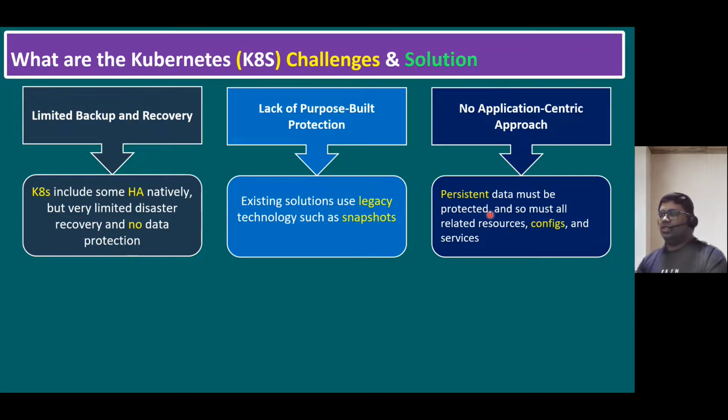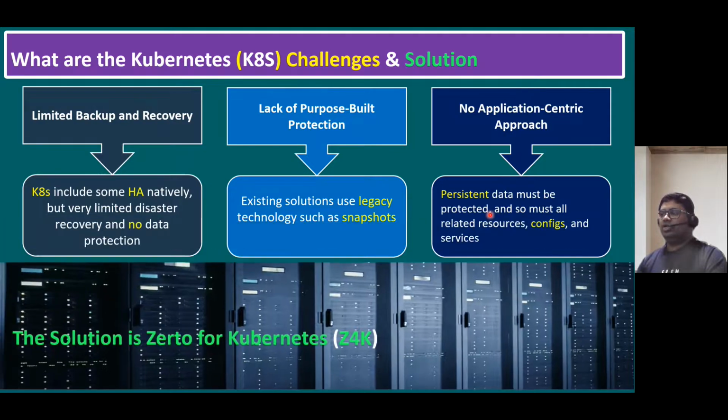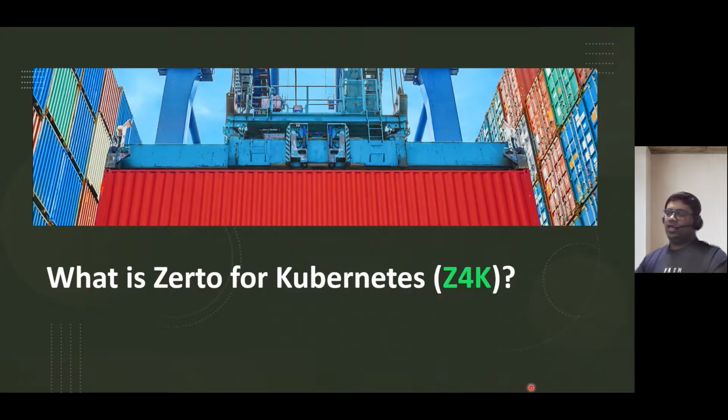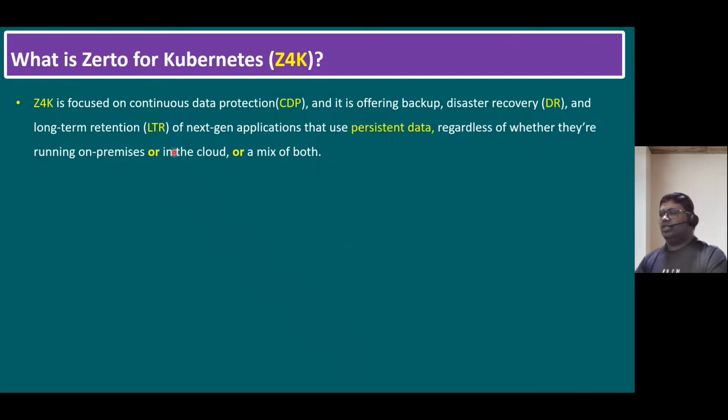To provide a solution, Zerto introduced Zerto for Kubernetes. That is the only solution to address all these challenges. Zerto is also recognized as a CNCF Silver member. CNCF means Cloud Native Computing Foundation, and Zerto for Kubernetes, Z4K, is one of the Silver members. Now we'll talk about what Zerto for Kubernetes is.